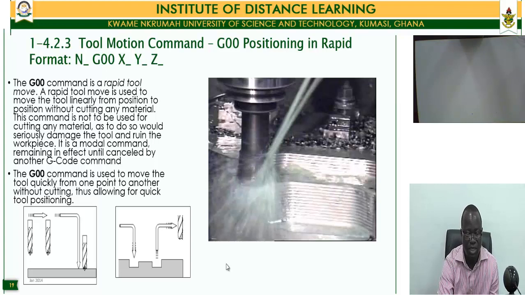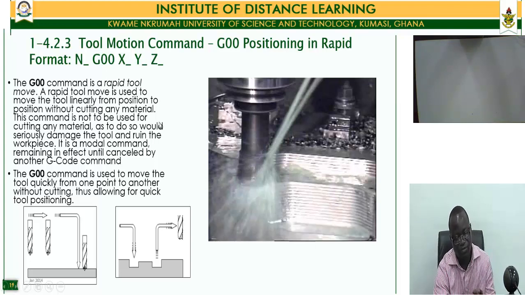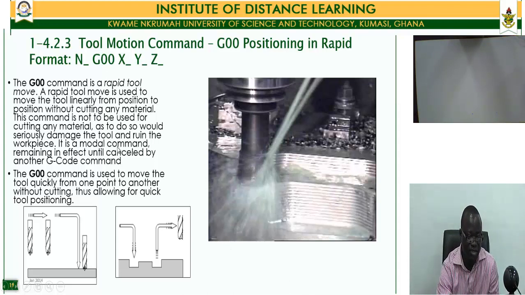Normally, it is in multiples of 5. So if this is my first command line, this could be N5, and then the command will come. And then the next command line could be N10 or N15, N20, N25, and so on. So the N in front of the command shows the command line number.